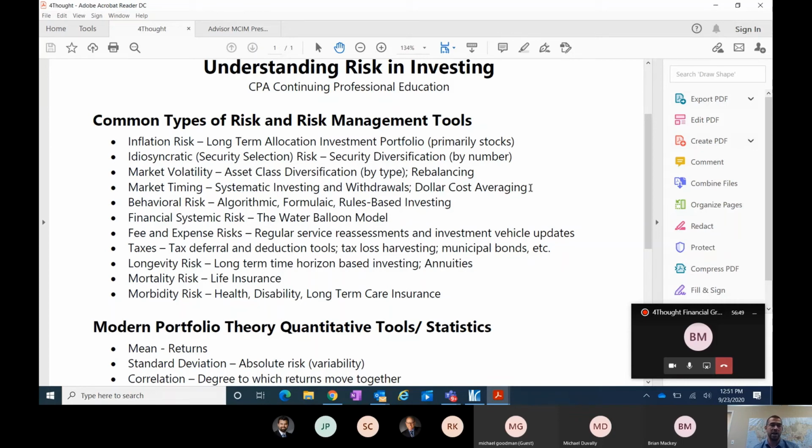Taxes are similar in that concept. You can do things to mitigate your tax risks. Things like using the appropriate tax deferral tools, the appropriate tax wrappers. Making contributions to employer retirement plans and tax deferred investment vehicles like IRAs, SEPs, profit sharing plans, 401ks, defined benefit plans, etc. Using tax loss harvesting.